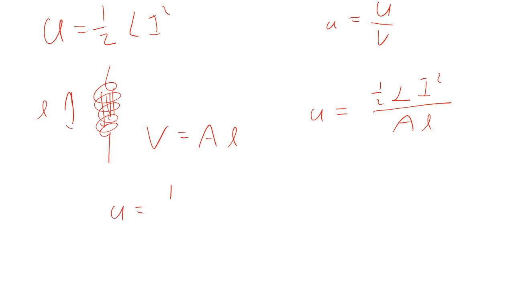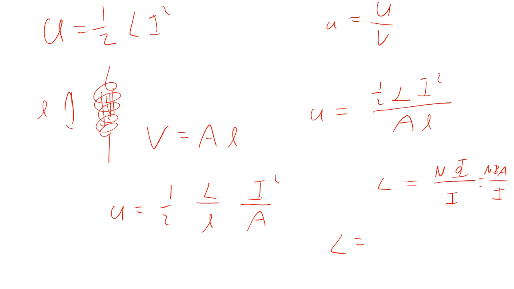Or we can rewrite this as 1/2 L over l, times I squared over A. Well, if you look back in the book, when we were discussing things such as inductance, we know that L is going to be N phi over I, where phi is the flux, so that's going to be NBA over I. And so the inductance, because it's a solenoid, is going to be equal to, the NBA is going to be mu naught N squared A over l.